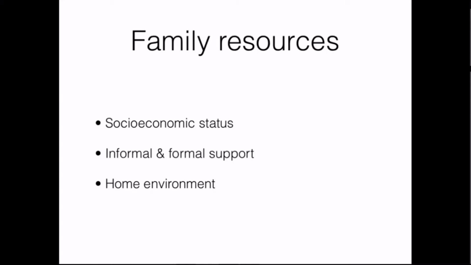We also need to consider their level of informal and formal support. So when we think about formal support, we're talking about sort of professional support and programs that they're involved in. So we need to know what sort of formal support the family has. And then just as importantly, we need to understand the informal support that that family has. Is there extended family that lives in the area?